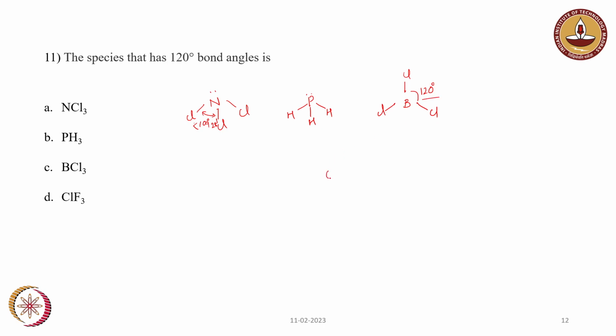And for ClF3, chlorine has 7 valence electrons and forms 3 bonds with 3 fluorines. So the steric number is 5, with 2 lone pairs, so it will be T-shaped. The 2 lone pairs are on the equatorial positions, with 1 bond on the equatorial and 2 bonds on the axial positions, so the bond angle will be 90 degrees.